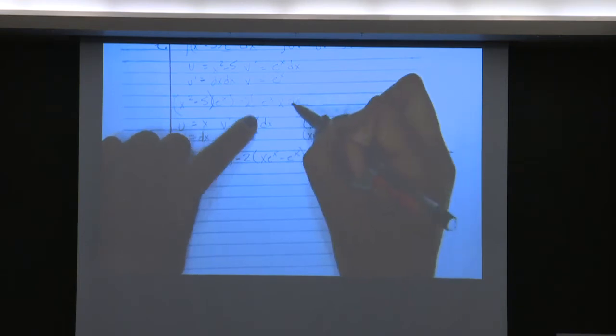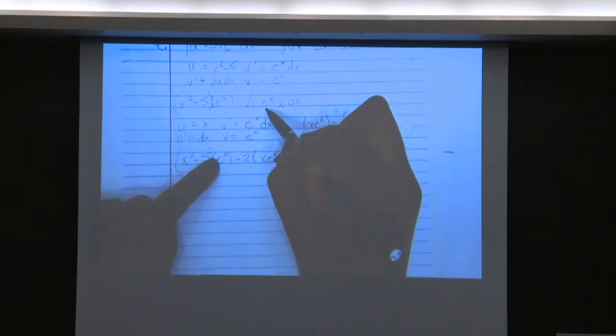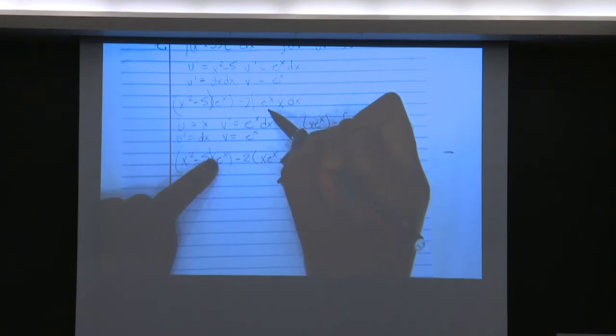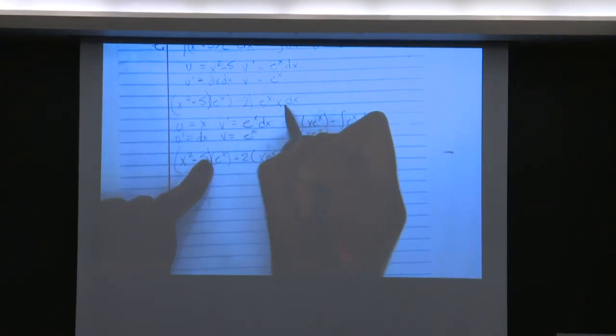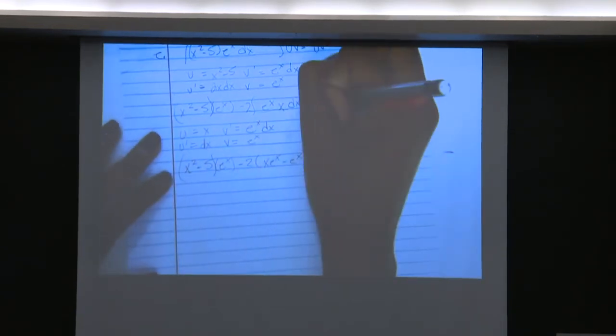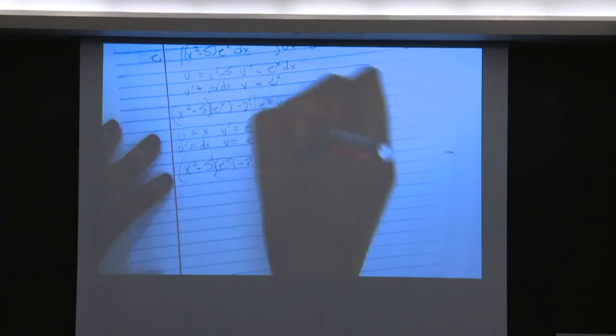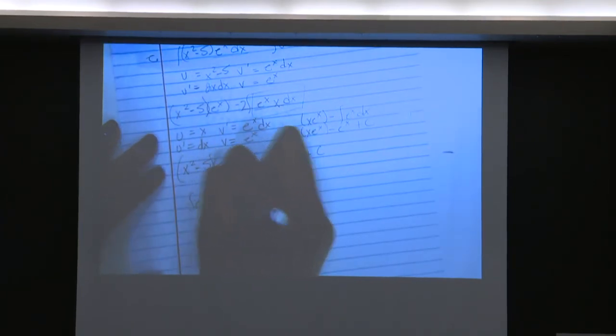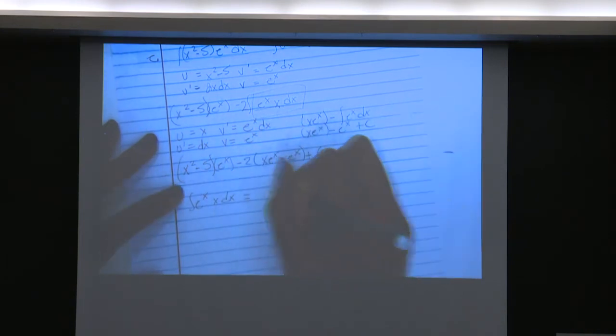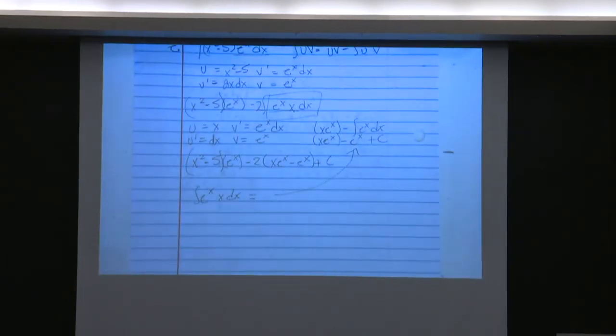I realized I couldn't take the integral. I couldn't just do U sub or anything, so I did another integration by parts on this. So this is where I did this. In other words, this part right here, the integral of e to the x dx, is equal to that. Make sense? Good question.